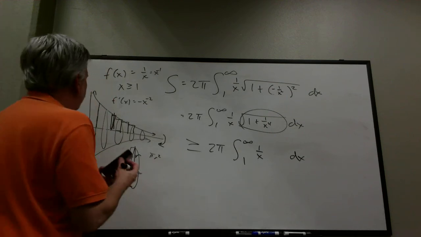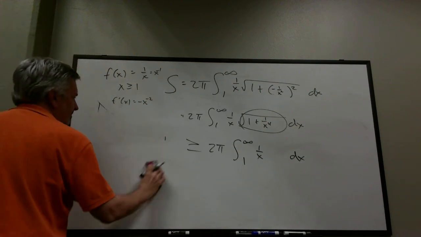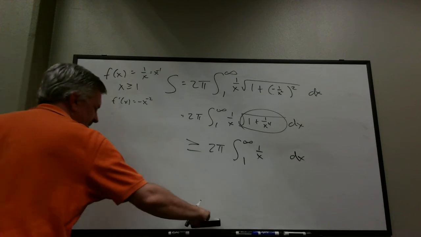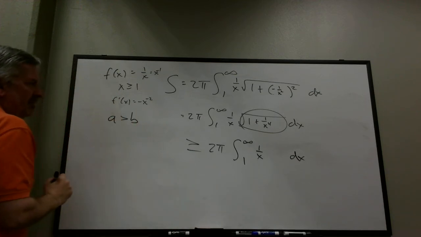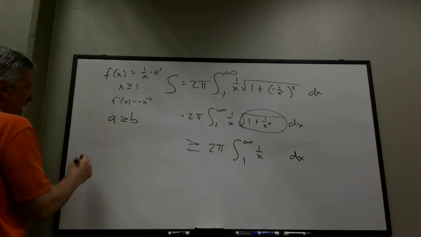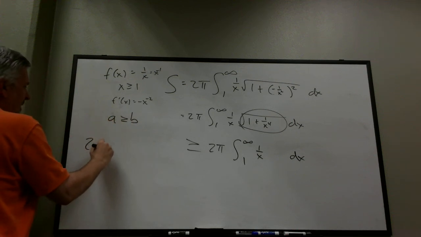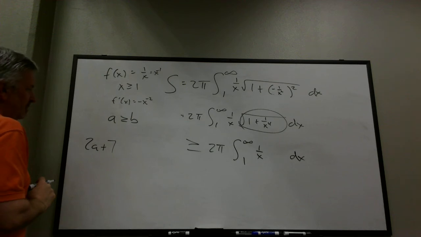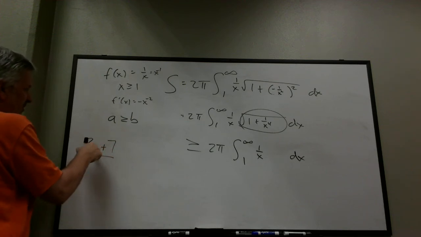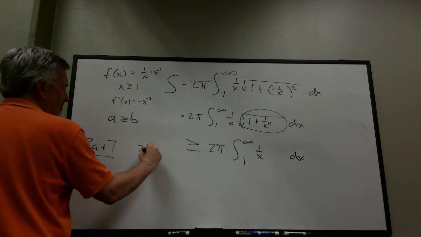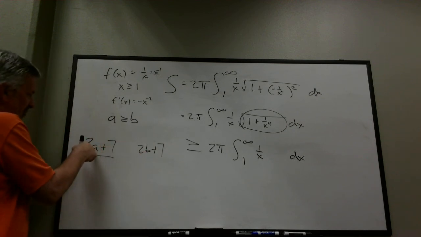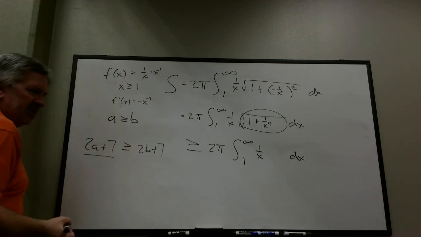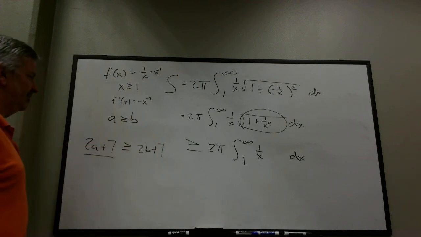So what I'm trying to do here, for example, if you knew that A was bigger than or equal to B, and I had 2A plus 7, what happens to this expression if I replace A with B? Well, if A is bigger than B and I replace A with B, I'm going to get smaller, assuming everything else is the same.